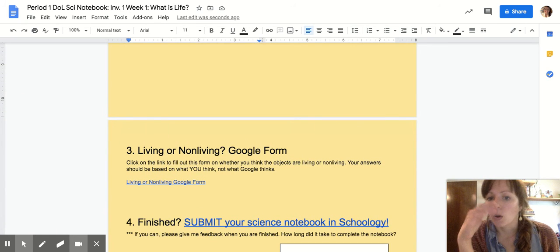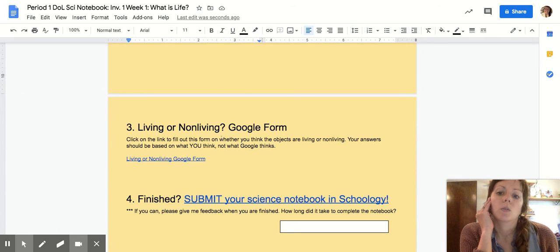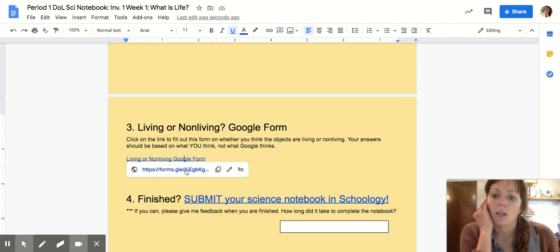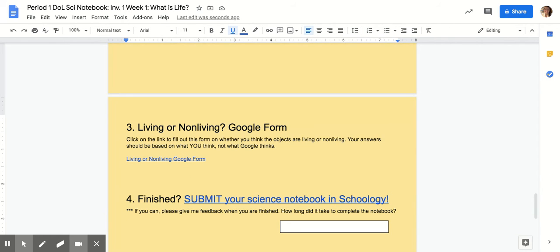Then down below, your job is to complete this Google form, which is a survey. When you click on it, it takes you to a form, and your job is to first put your science class, and then you look at the picture and say, do you think that the object is living or non-living? Some of the objects will be very obvious, like an apple.